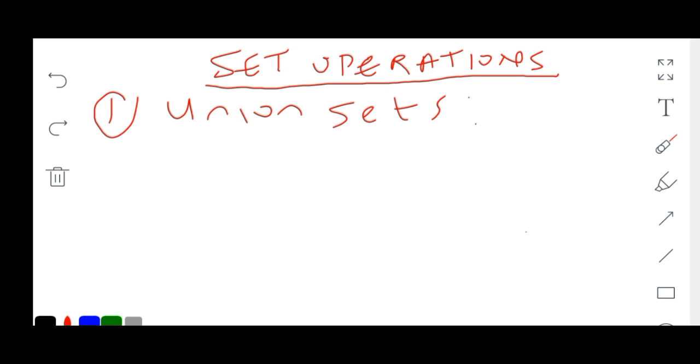What about this union of sets? I think I explained it in the last topic that we did, set notation.